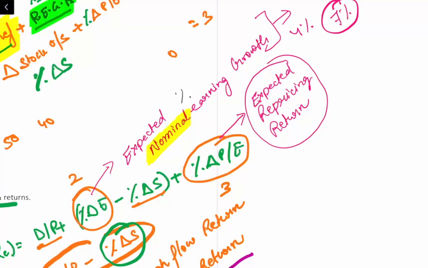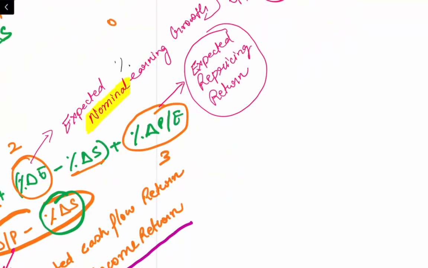Now the third component is your expected repricing. That means how much the P multiple has changed in terms of percentage. Earlier my P was 6, but now my P has moved to say 5. Price to earning ratio reduced. Good for the company. Clear? Why has it reduced? Because of the denominator factor, that is your earning per share.